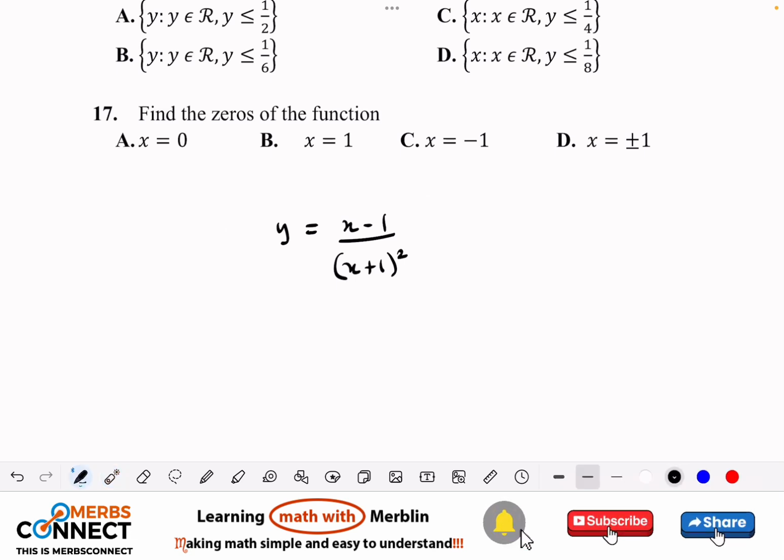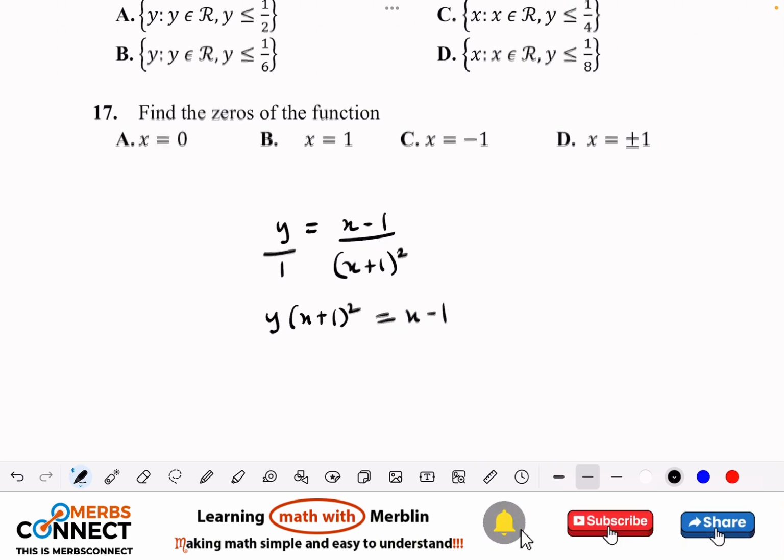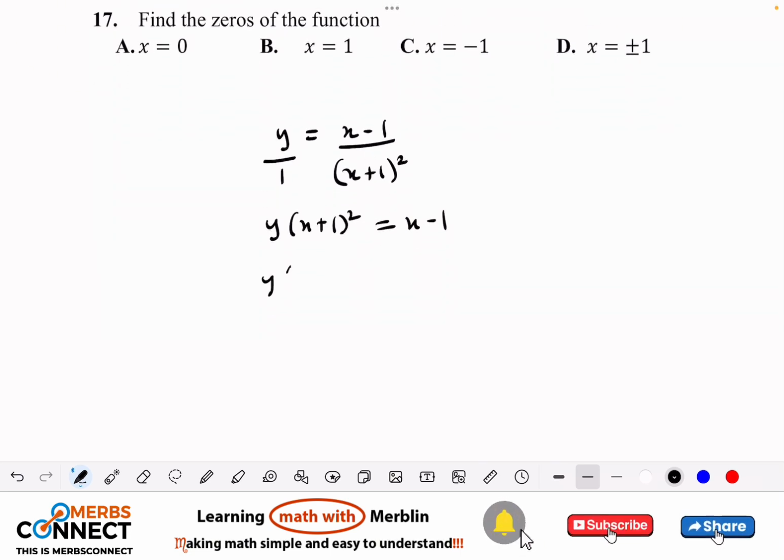So what can I do now? This is like over 1, so this will multiply this and this will multiply that. So I'm going to have y(x plus 1) squared is equal to x minus 1. So y times this can be expanded to be (x plus 1)(x plus 1), equals x minus 1.